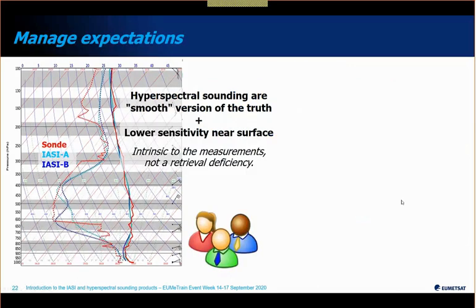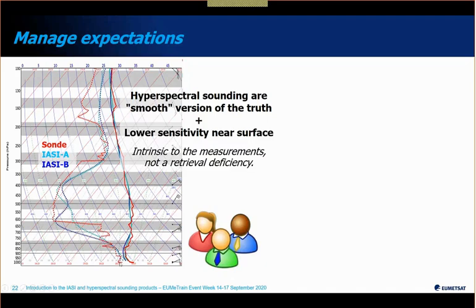So really, I'd like to convey the message that yes, we do profiling, but I want also to manage expectations. And Zofia insisted in the introduction about that. This is work in development because really with you, with the users, we are learning how to use these products, knowing their strengths and characteristics and limitations.